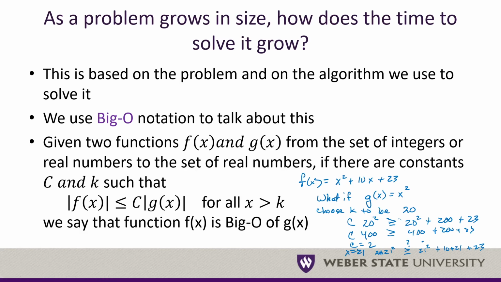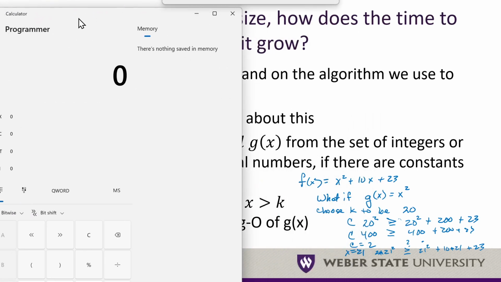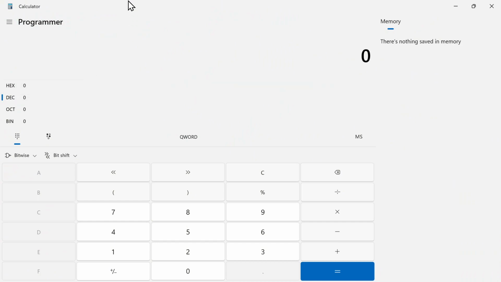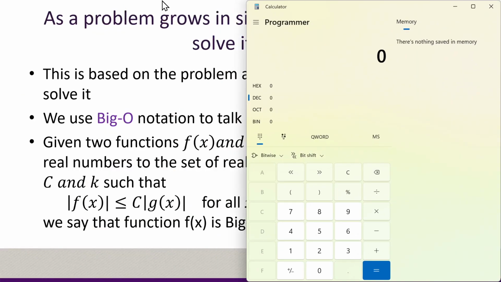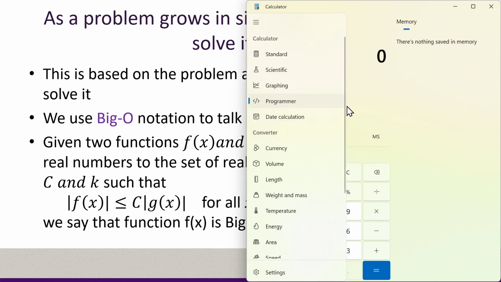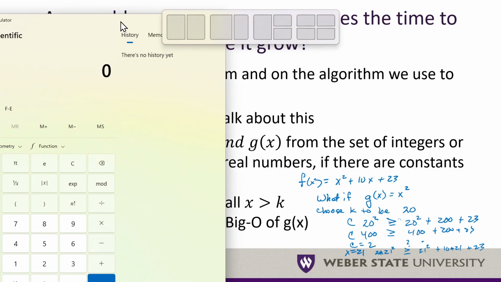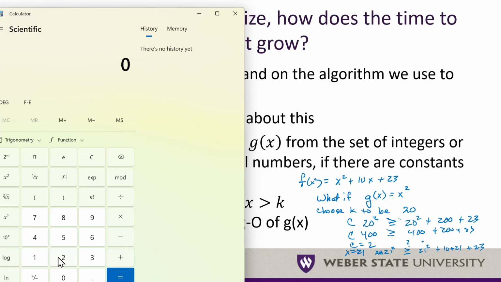So we can pull out our handy dandy calculator and we can try it. Let me have the scientific. 21 squared is 441.